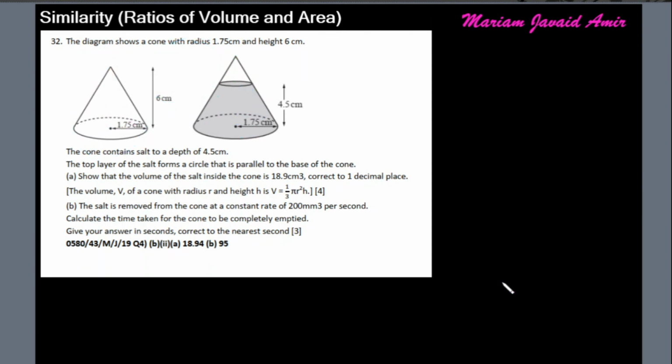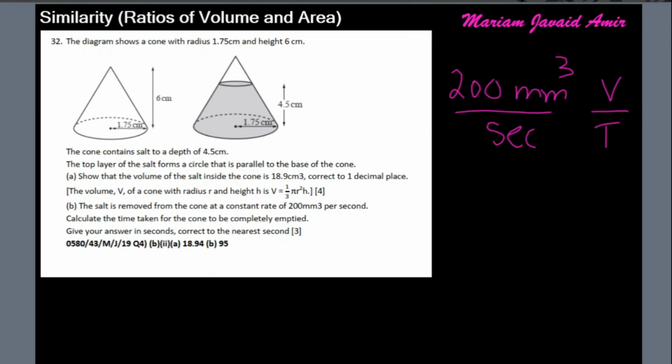Part B. The salt is removed from the cone at a constant rate of 200 millimeter cube per second. So what is given here? This is volume over time, right?